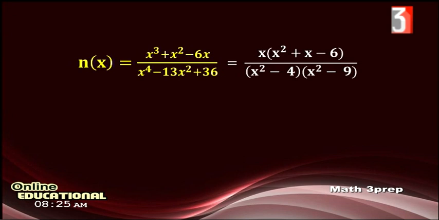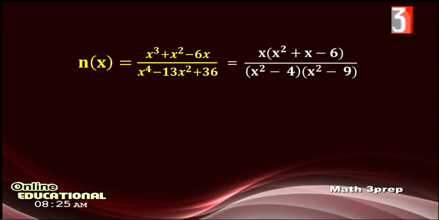And the last term is positive, so both brackets will be like each other according to the sign of the middle term, which is negative. So the two brackets will be x to the power of 2 minus 4, x to the power of 2 minus 9. When you look carefully, you are going to notice that you can make another factorization.